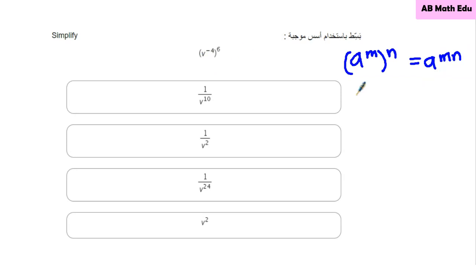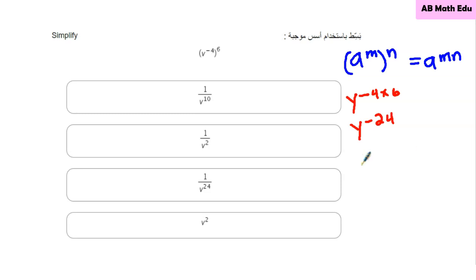So here we are getting y to the power negative 4 times 6, and that will give us y to the power negative 24. We see the 24, but not exactly as we got. That means we have to apply one more law to get the exact answer.